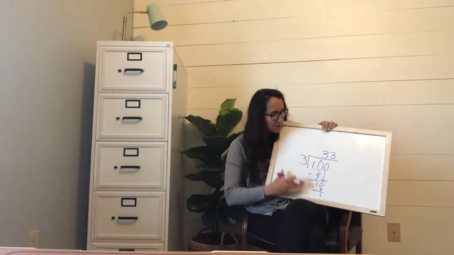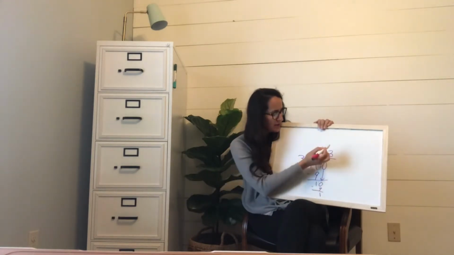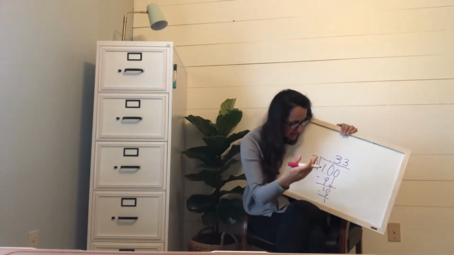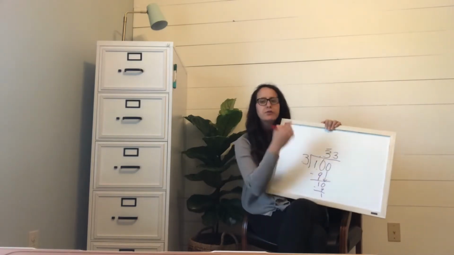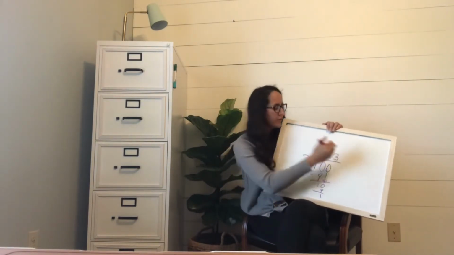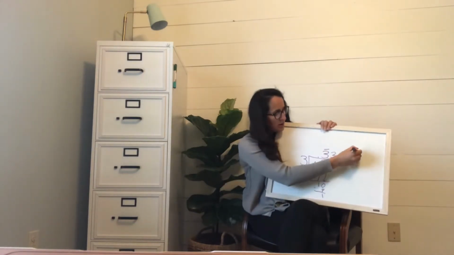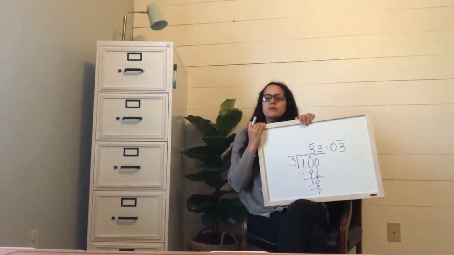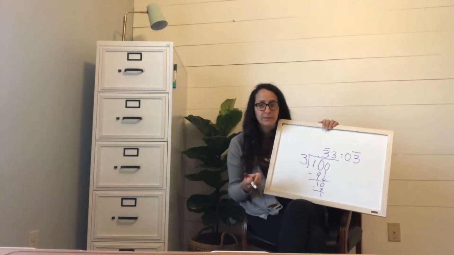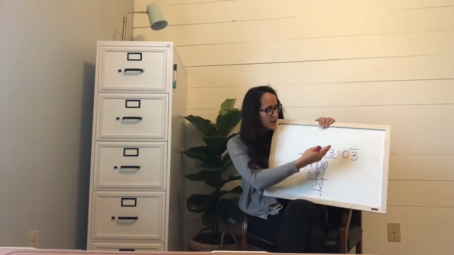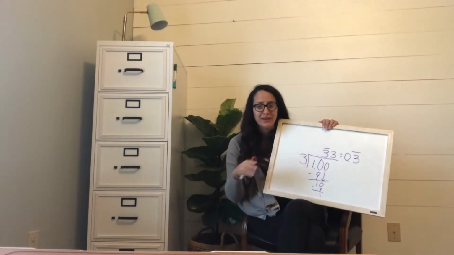When we notice this sort of pattern going on, all you have to do is write 0.3 with a little hat, a little line over the top. That line is going to signify that the 3 is going to repeat, so you don't have to actually write it. That's what denotes that the 3 is going to repeat endlessly.